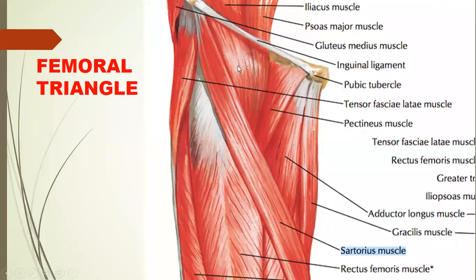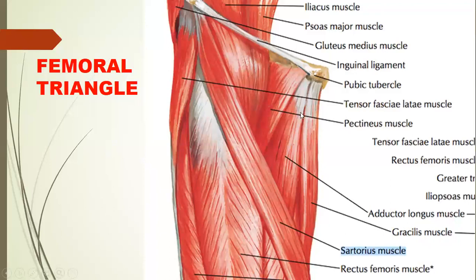Now trace the floor of the femoral triangle for its structures or muscles from lateral to medial. This is the lateral aspect, and this one is the medial aspect. The first muscle on the lateral side that forms the floor is called the iliacus. The second muscle is called the psoas major. The third muscle is called the pectineus, and the fourth muscle is called the adductor longus.